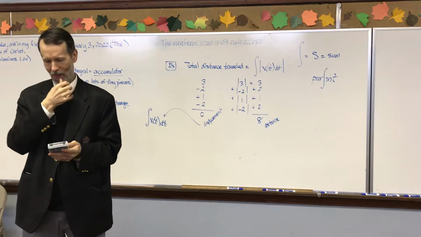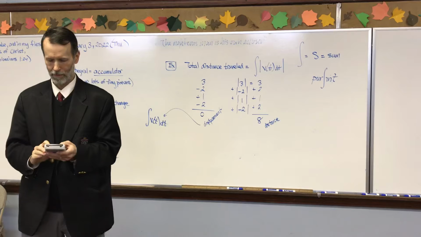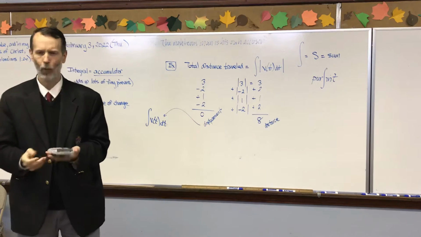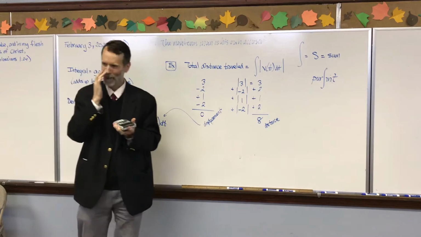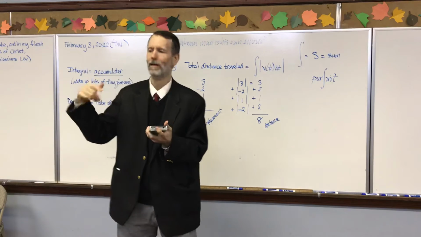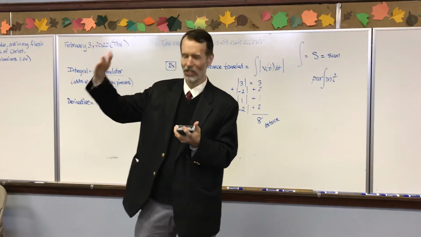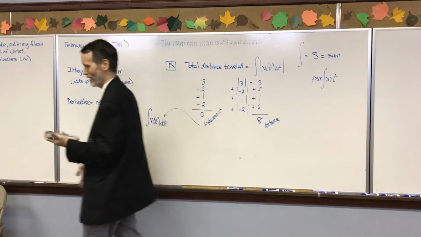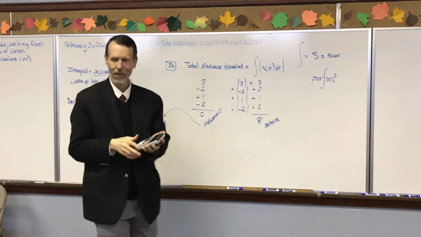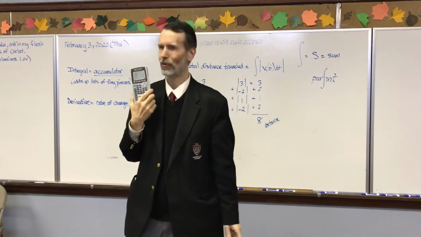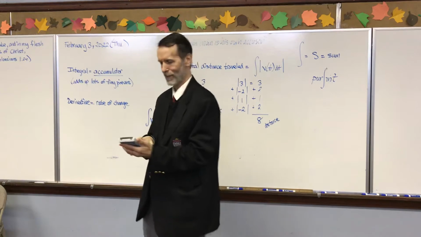Jack? 6x minus 28. Correct. What are these, John? Position, velocity, acceleration. Right. The original function, then the first derivative, then the second derivative. So if you ever need to refer to these, you've got them.